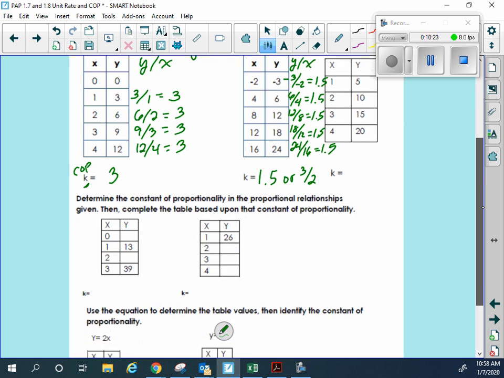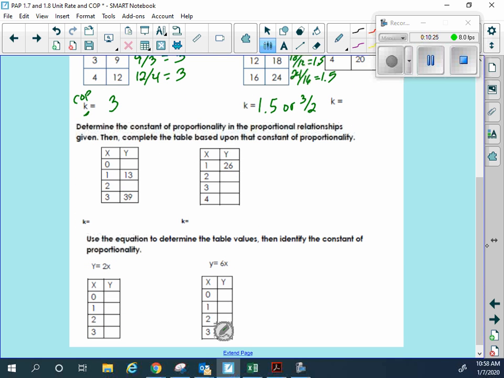All right, now let's move on to the next section. First determine the constant of proportionality in the proportional relationship, and then based on that, finish the table. So they're already telling you that it is proportional. Once you find it one time, when I do y over x right here, 13 over 1 equals 13, then I can apply that constant of proportionality to calculate the y.